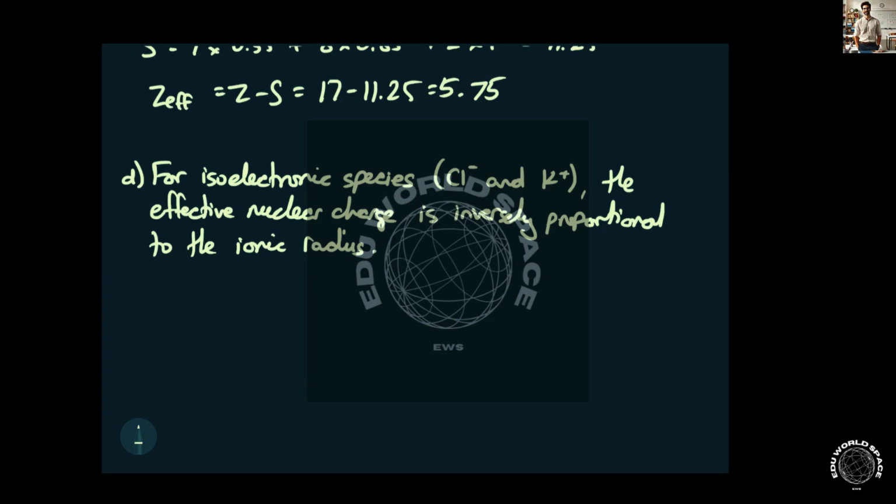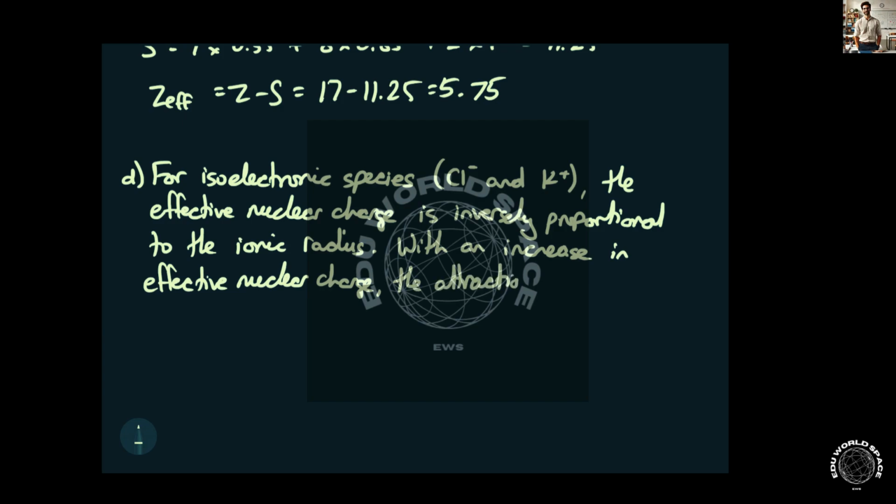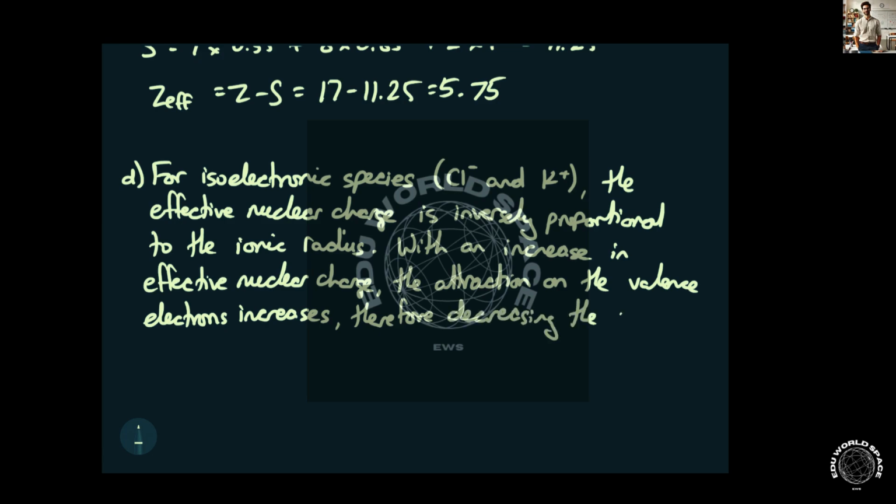With an increase in effective nuclear charge, the attraction on valence electrons increases, therefore decreasing the ionic radius.